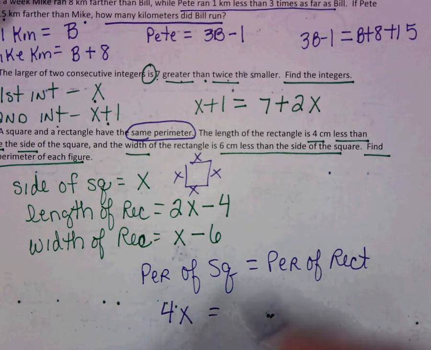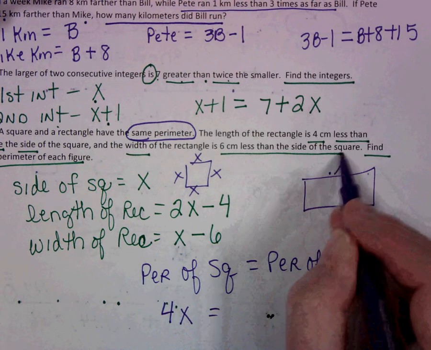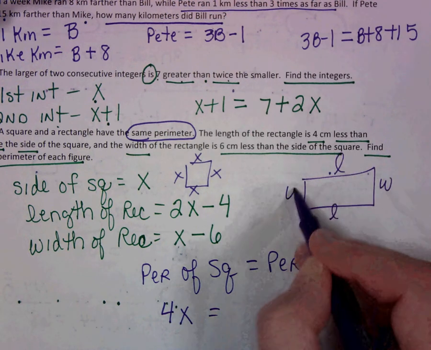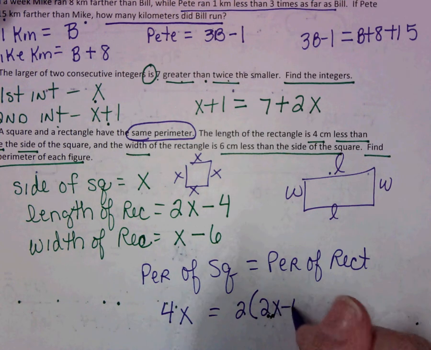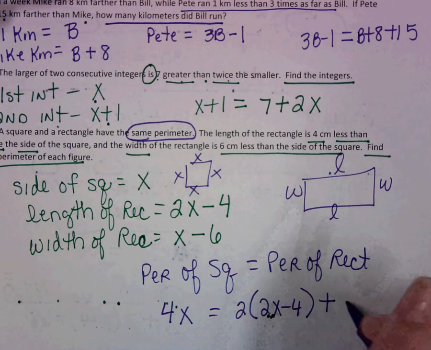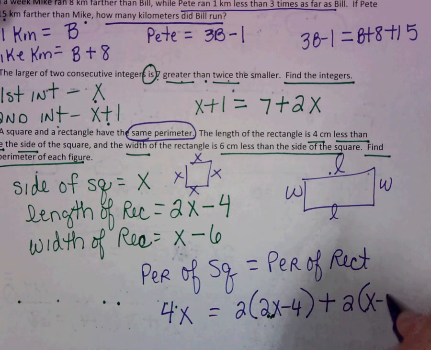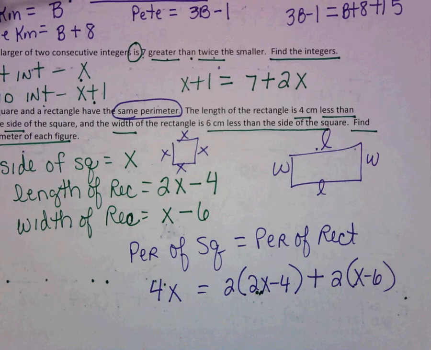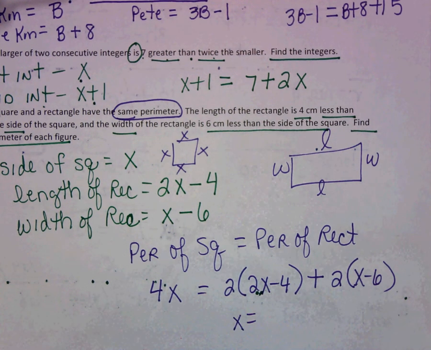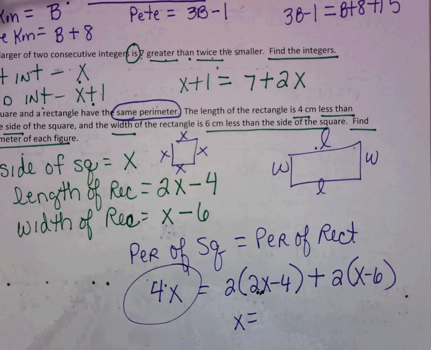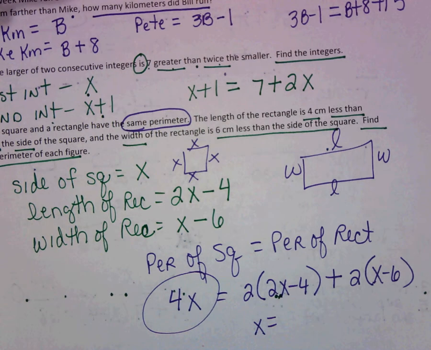And then remember, for our rectangle, we have 2 lengths and 2 widths. So 2 times 2x minus 4 plus 2 times x minus 6. Now, when you solve this, the direction said find the perimeter. So once you get what x is, plug it back in to determine what the actual perimeter is.